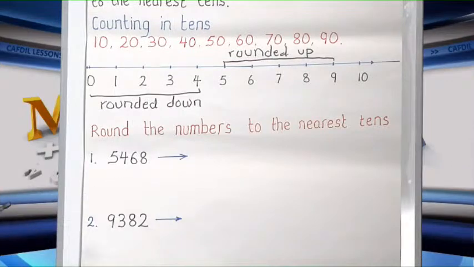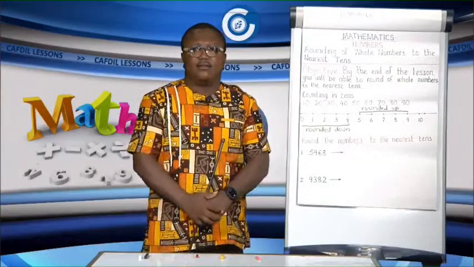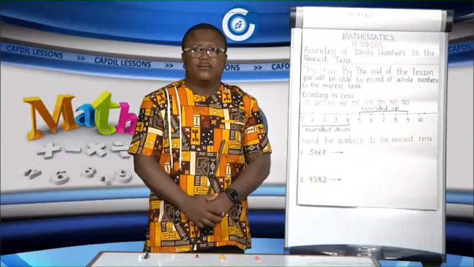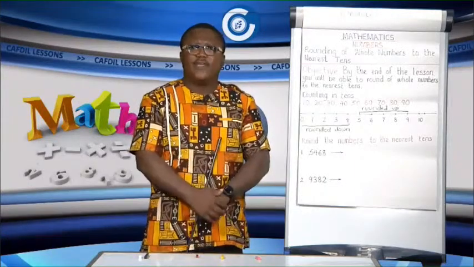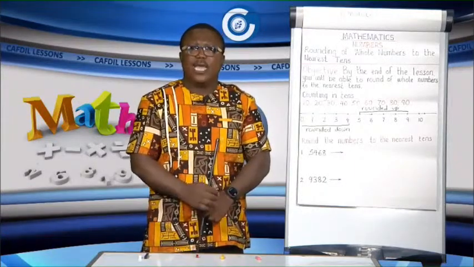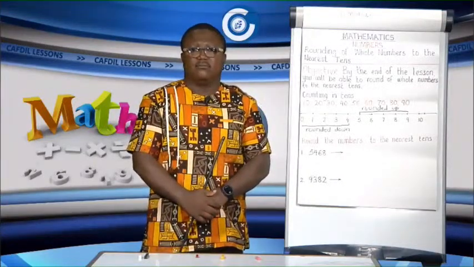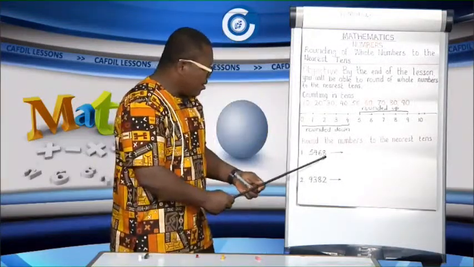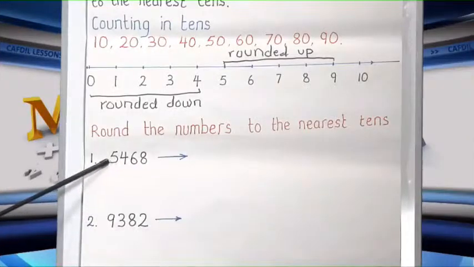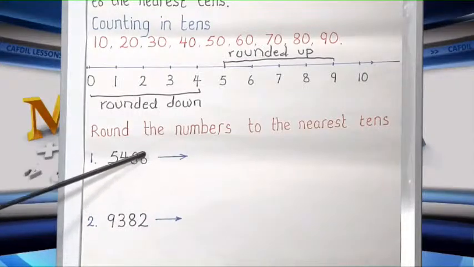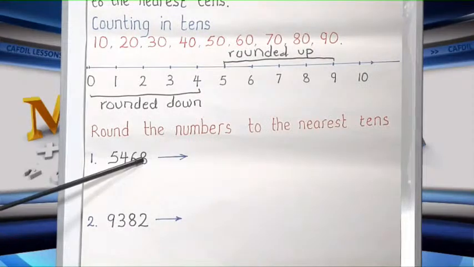We want to round off this number to the nearest 10. Learners, remember, in rounding off this figure to the nearest 10, we are supposed to consider the ones. So here, this one is 5,000, this one is 400, this one is 60, and this one is 8. So we are going to consider the 8.